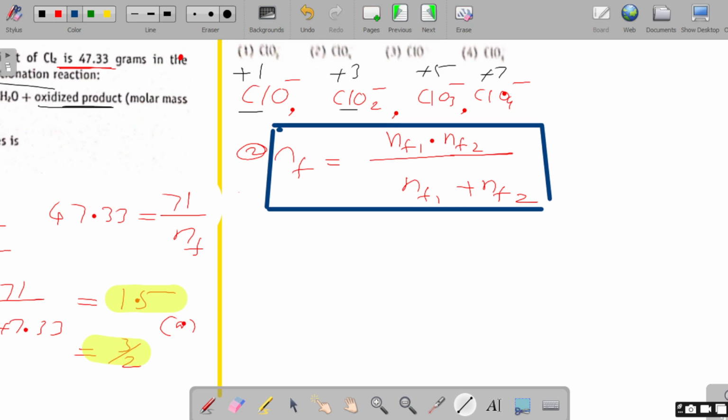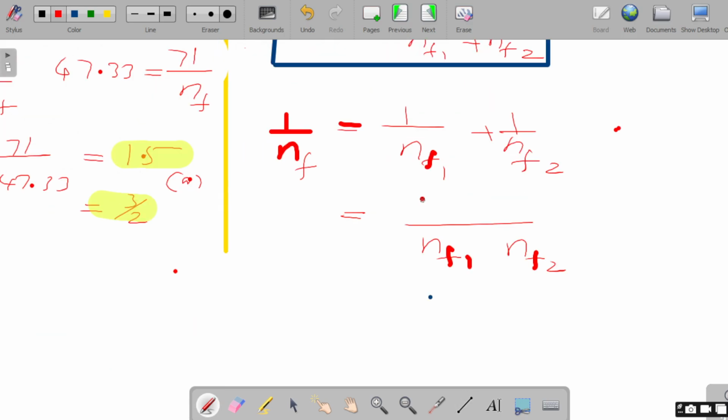Okay, this is the formula I am developing. Next, in this case you are putting the LCM. You will write nf1 into nf2 in the denominator, and here nf1 plus nf2. Now this is 1 by nf. You want nf, so just take the reciprocal. nf is equal to nf1 into nf2 divided by nf1 plus nf2.